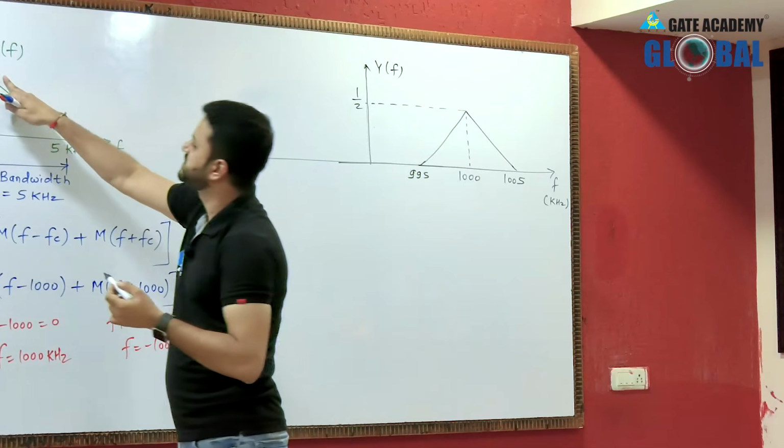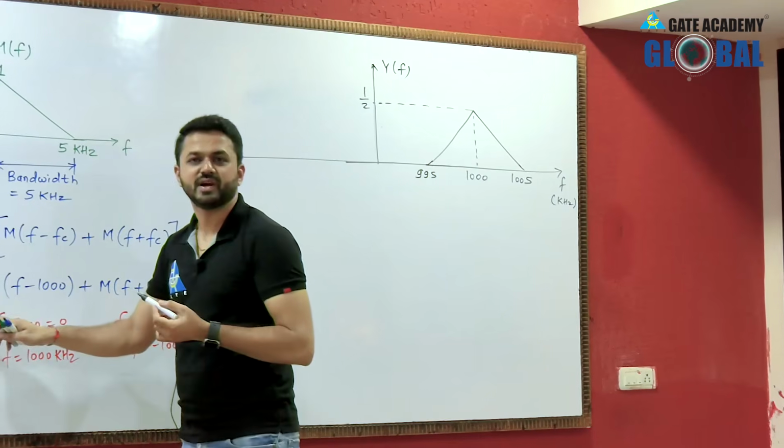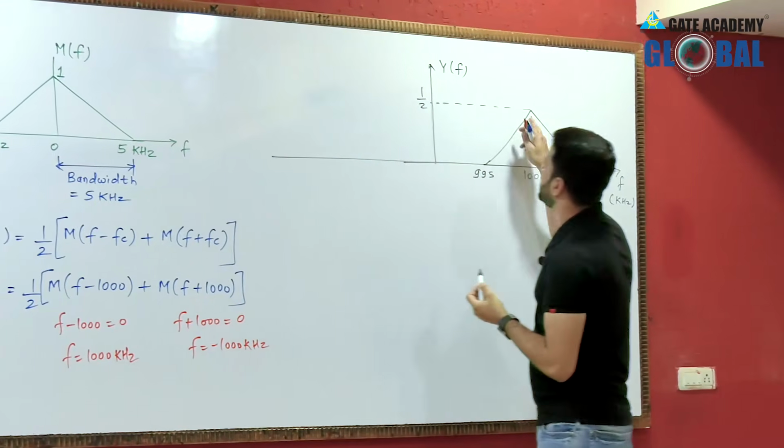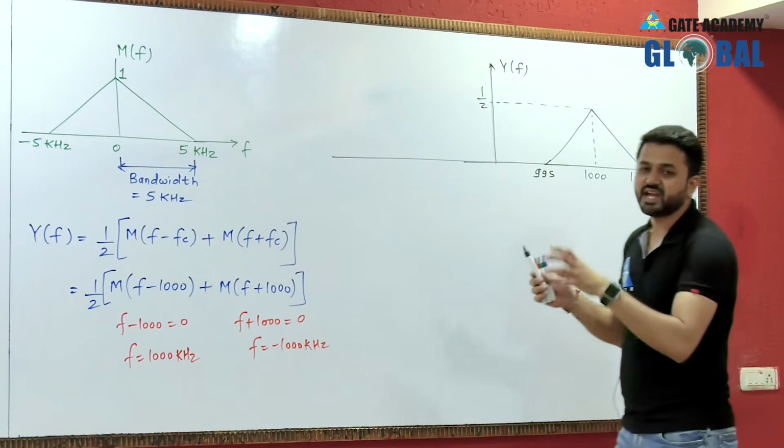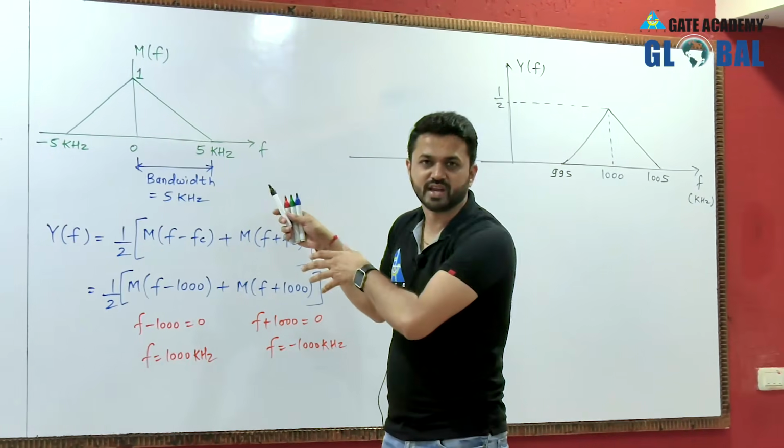So, because of this, the amplitude is now 1 by 2. Now, as you can see, if we add 1000, the signal is shifted to the right.